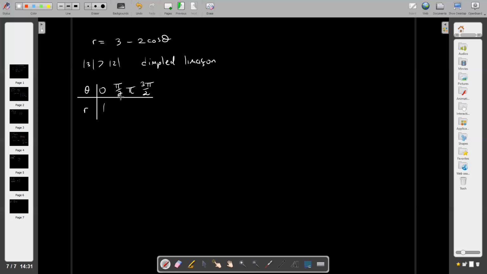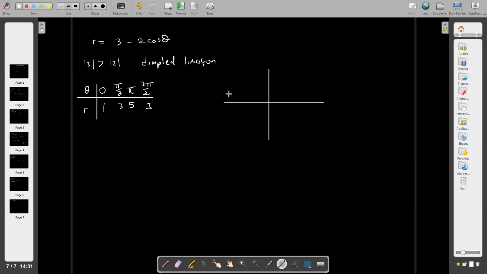At pi on 2 and 3 pi on 2, cosine is 0, so this becomes 3. And finally, cosine of pi is negative 1, so this becomes 5. So all positive, we just need to draw it now.